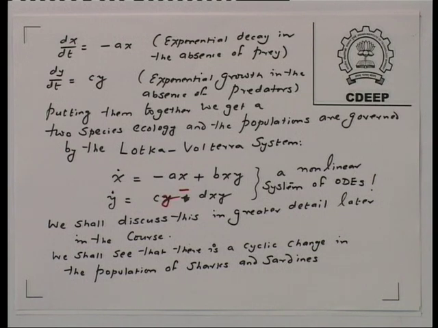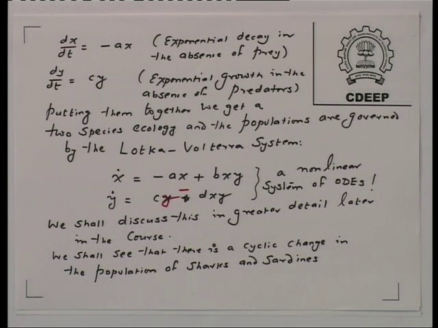And so the differential equation would look like dx by dt equal to minus ax, exponentially dying down. On the other hand, if only sardines are there, then there are no predators, there are no sharks, so they thrive, and their population will increase exponentially.